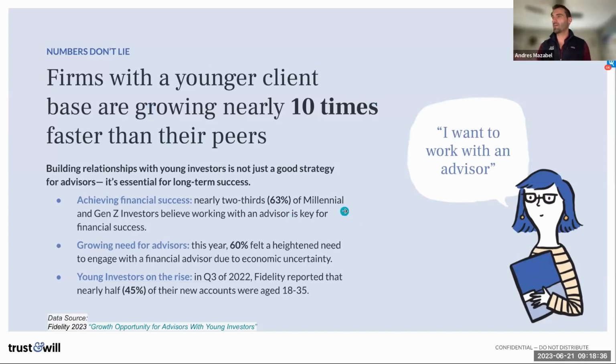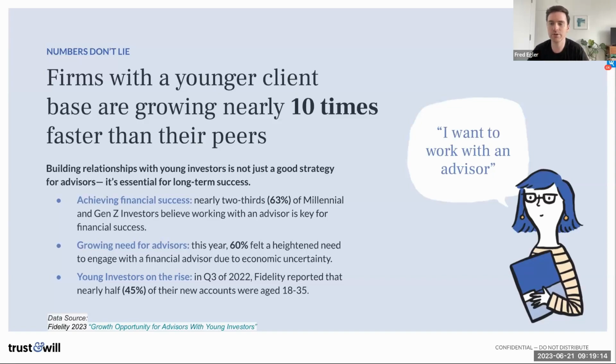So, Fred, I'll pause here. Any thoughts or anything that I may be missing here? No, I think these are all powerful statistics. The idea around this generational wealth transfer has been one that we've heard a lot. And I think the point of that is to just really drive home getting in front of clients that are maybe of a younger generation so that you can start those conversations earlier about things like estate planning and potentially have that transfer of wealth be controlled versus having those assets walk out the door when that transfer of wealth does happen.